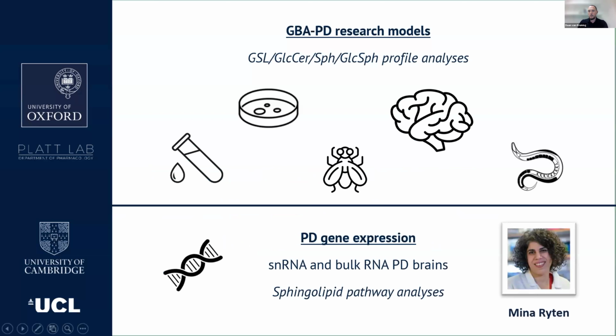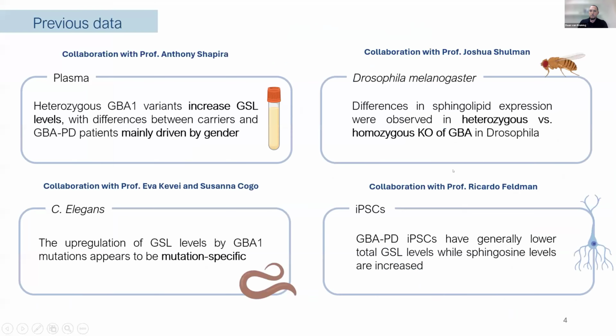I will go fairly quickly through the introduction and focus on the latest results, because what we have been doing in our lab in my fellowship is look at different models of GBA-PD and see what the GSL expression there is, so glycosphingolipid expression, but also in collaboration with Mina Wright and relate that to PD gene expression and then specifically glycosphingolipid pathways.